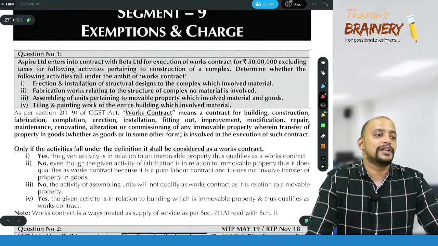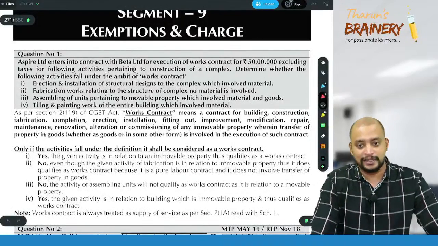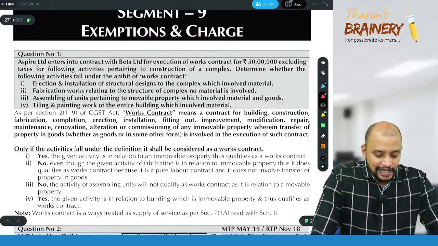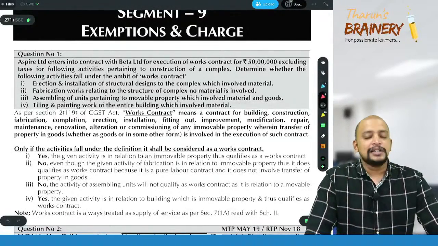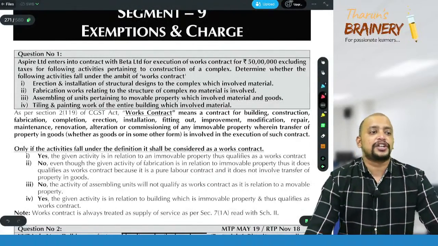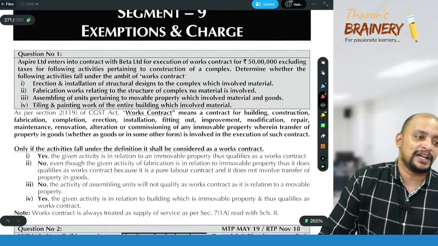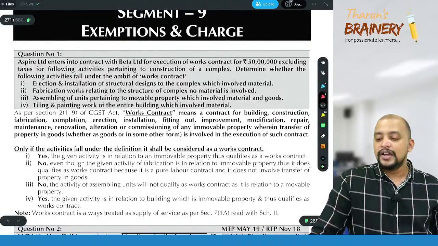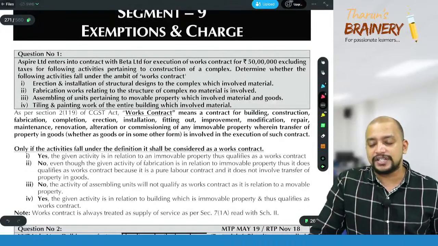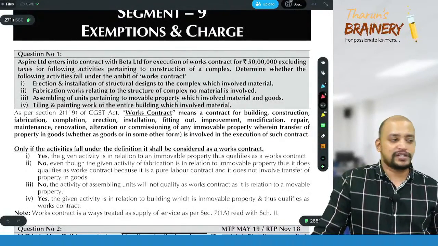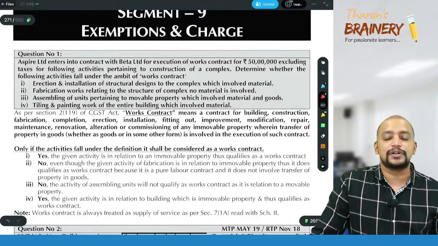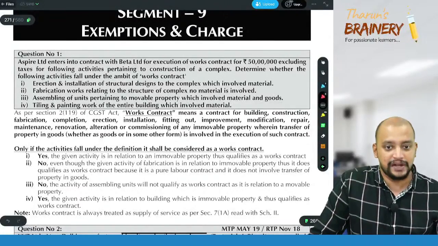Works contract should be in relation to immovable property, okay. Then tiling and painting work of the entire building which involve material, yes. So both goods and services in relation to immovable property, so it will be coming under works contract services. With respect to works contract services, we don't have any exemptions, you know that. Only with respect to construction services, we have the exemption.